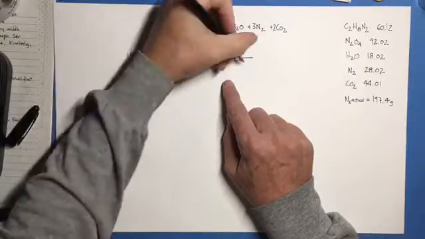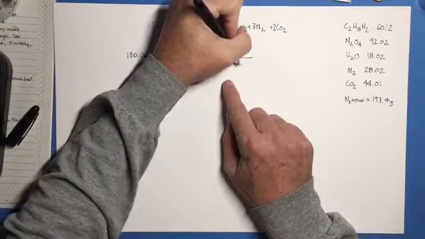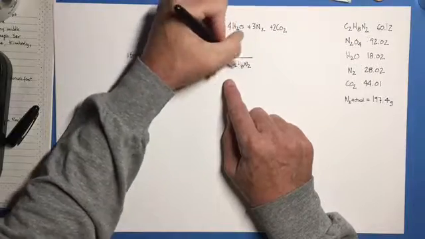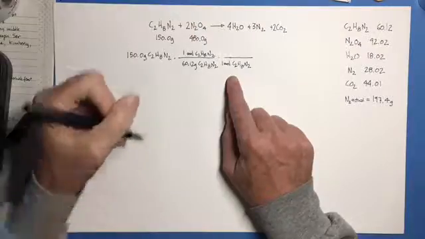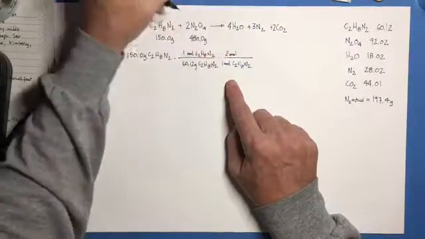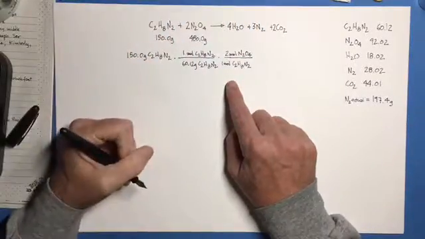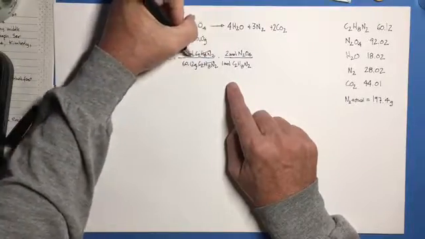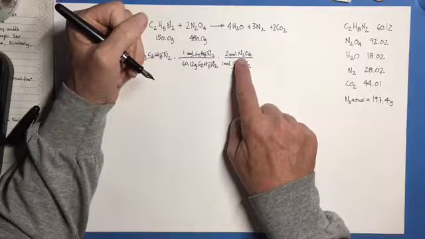I have 1 mole of C2H8N2 to 2 moles of N2O4. All right, so now this cancels with that. This cancels with that. Right now, my answer would be in moles of N2O4.